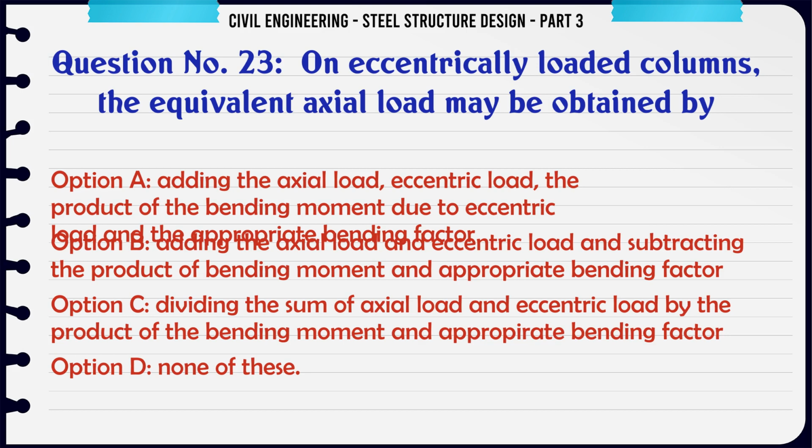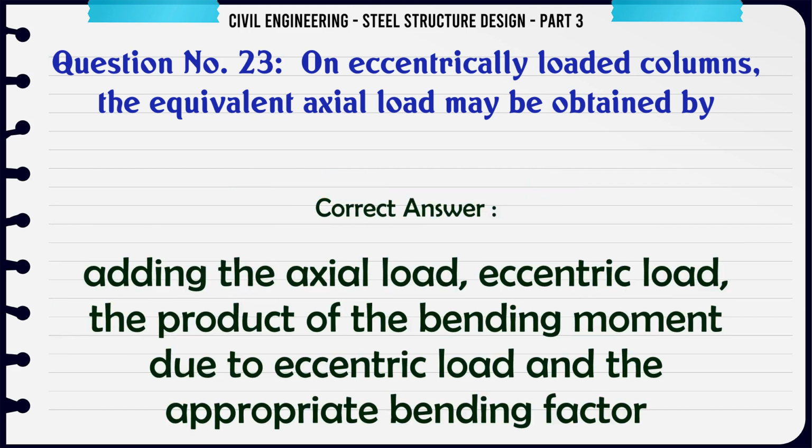C. Dividing the sum of axial load and eccentric load by the product of the bending moment and appropriate bending factor. D. None of these. The correct answer is adding the axial load, eccentric load, and the product of the bending moment due to eccentric load and the appropriate bending factor.